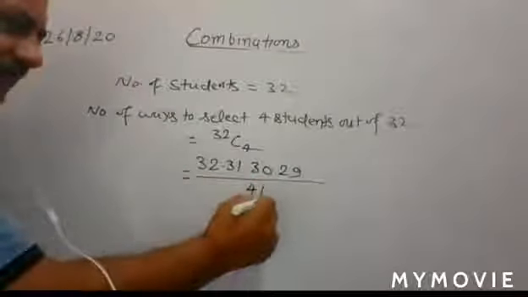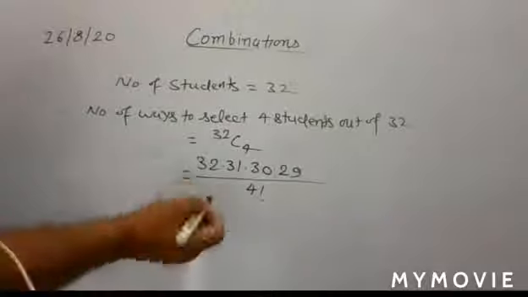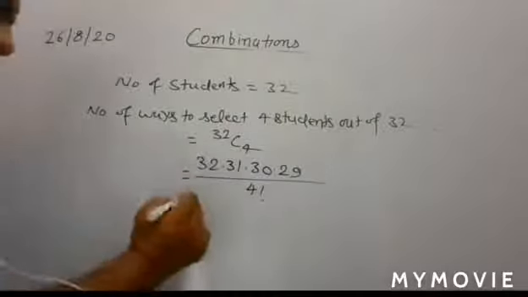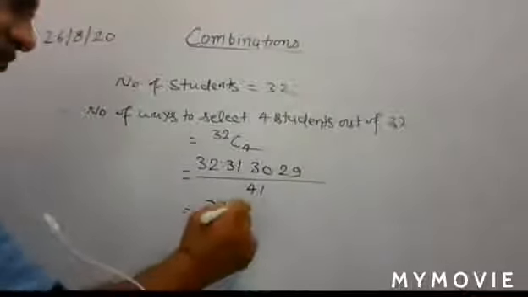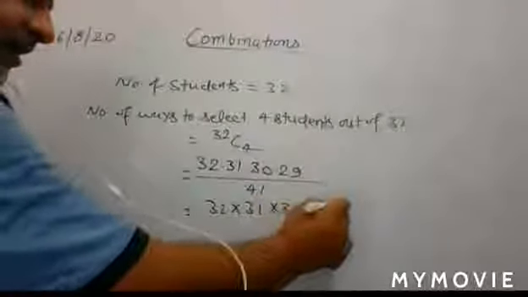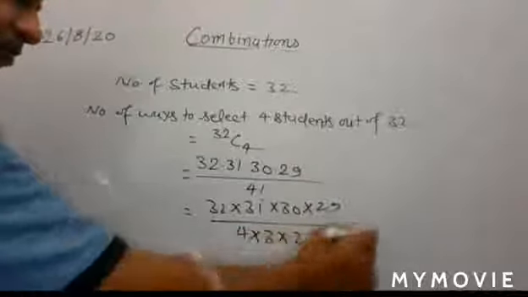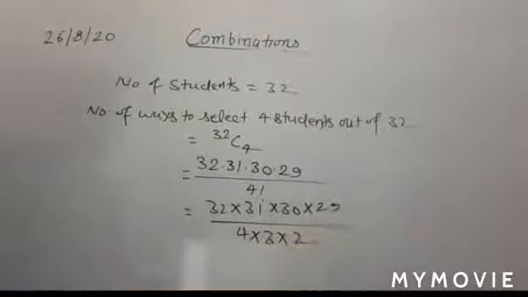Just simplifying it, you will have your answer. So write 32 into 31 into 30 into 29 whole divided by 4 into 3 into 2 into 1. Just solve it and you will have your answer.